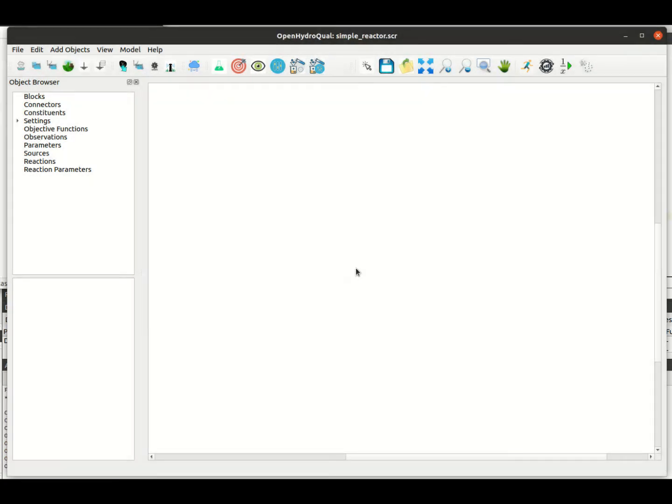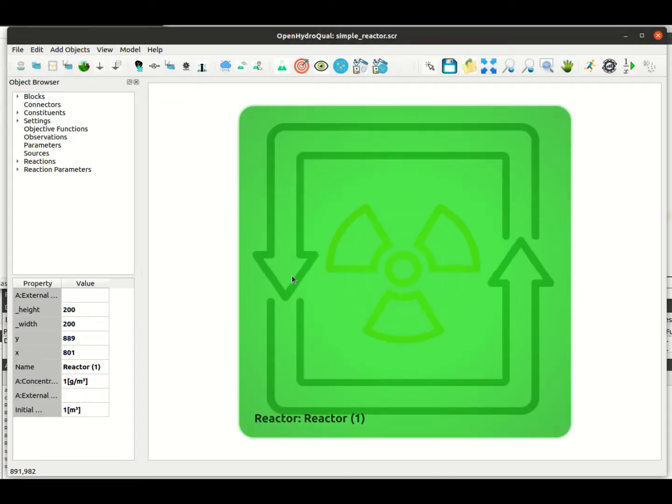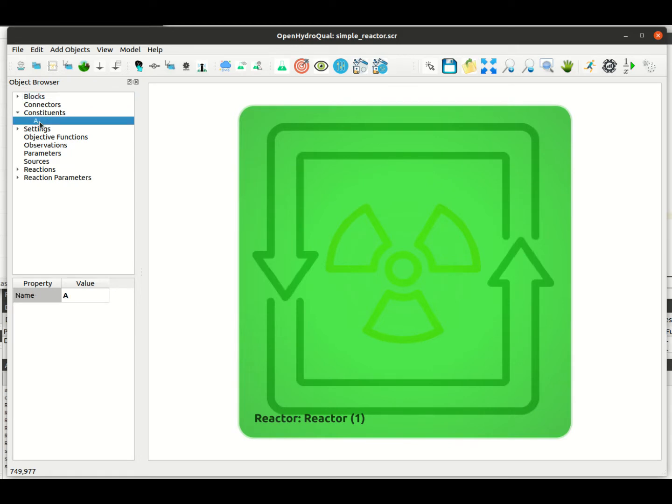The model that I have is very simple. It's just a single reactor, and I have this pollutant or dissolved species undergoing a first order decay. We have one constituent, called constituent A, and it undergoes a first order decay.